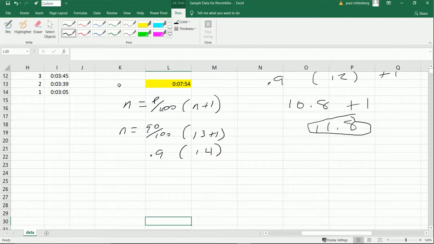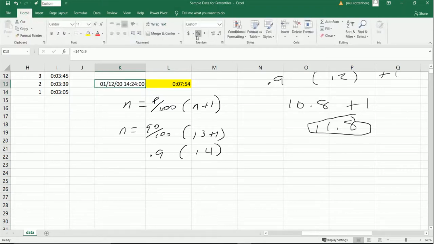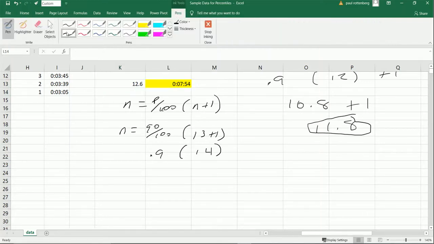Well, let's just go over here and do the math. Equal sign 14 times 0.9 is 12.6.